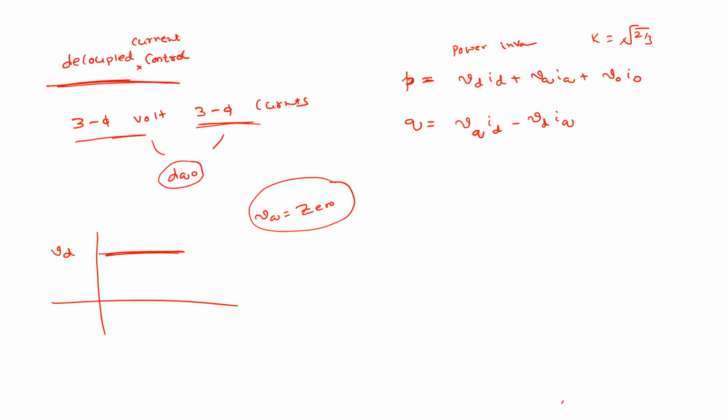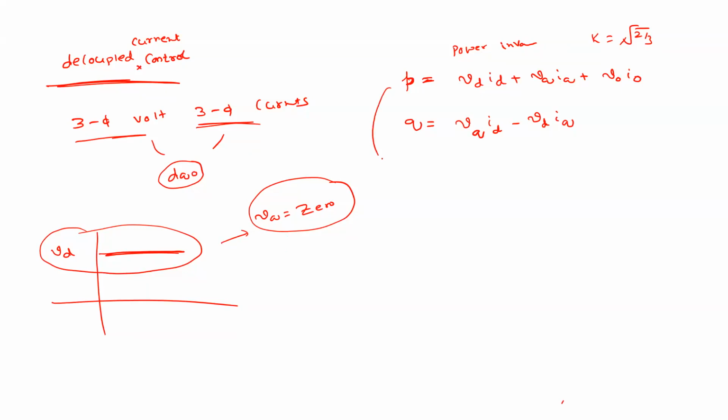In case of balanced supply, if the A phase is synchronized with the D axis, then only the VD value will exist and the VQ value will be 0. That means if the initial conditions match, both are rotating at the same speed and synchronized, so the VQ magnitude will be 0.